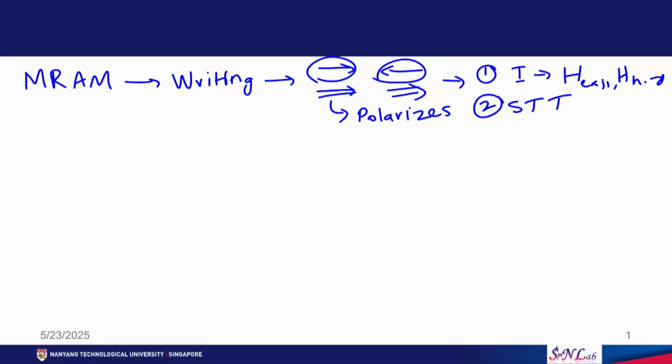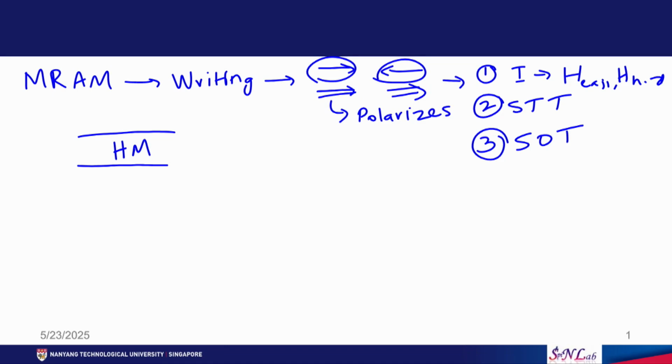Then the third concept I introduced is spin orbit torque. In the case of spin orbit torque, we have a heavy metal layer. The spin orbit coupling in the heavy metal layer is larger.